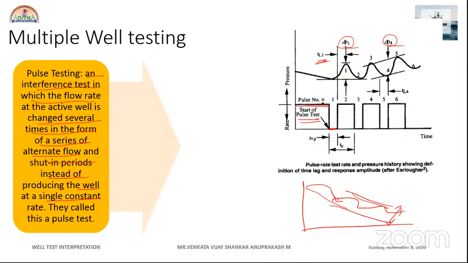Up to here it is producing, and suddenly it was shut in. Because of that, you see an increase in the rate. After that it was maintained again back to your constant rate. Again it was shut in. So how long is it? Cycle 1, 2, 3, 4, 5, 6, and so on. Using this will give you the response for your pulse.